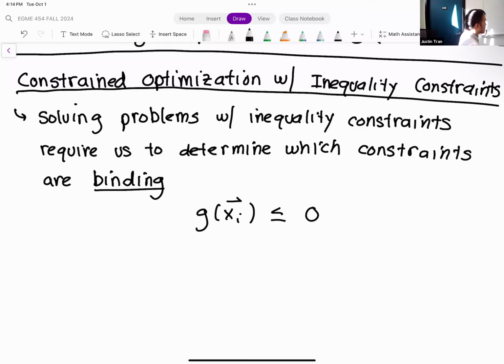Inequality constraints come in the form g of x_i is less than or equal to 0.